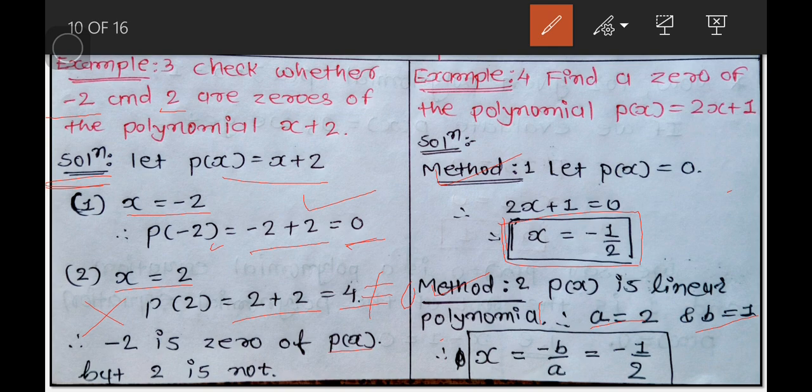Then by the formula, x is equal to minus b by a, we put b is equal to 1 and a is equal to 2, then we get the value of the 0 of the polynomial is equal to minus half. So these are two methods to find the 0 of a linear polynomial.